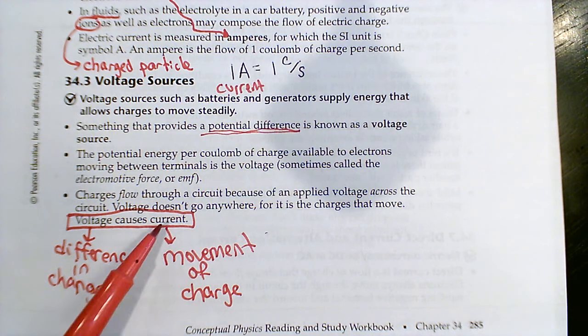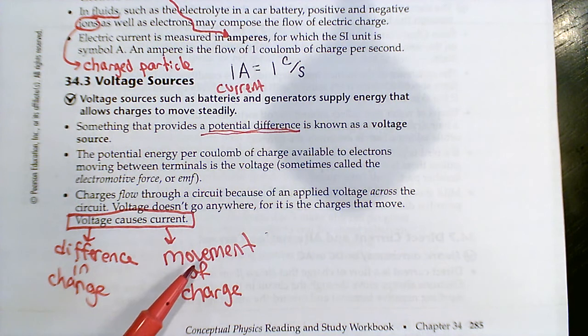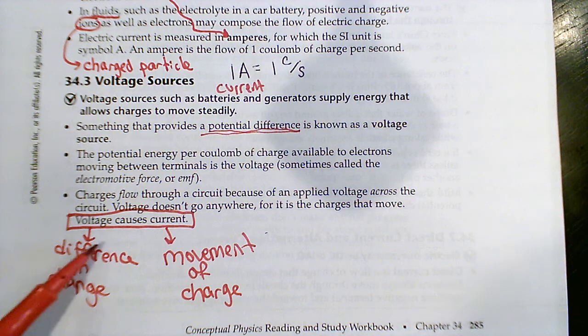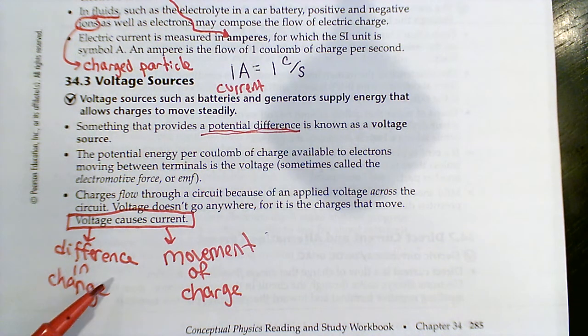Why would they move at all if there was no difference? They wouldn't. So you have to have a difference in charge, a voltage, or potential difference, first, before the charge is going to move. So the difference in charge, the voltage, causes the movement of charge, or the current.